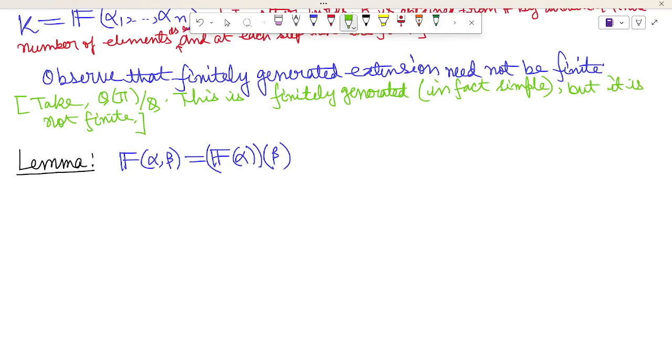That means, suppose this is F. This is a field extension, F(alpha).